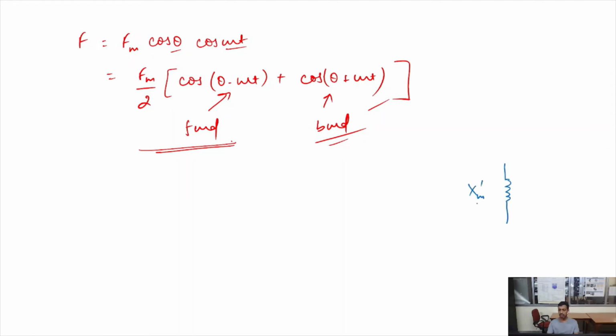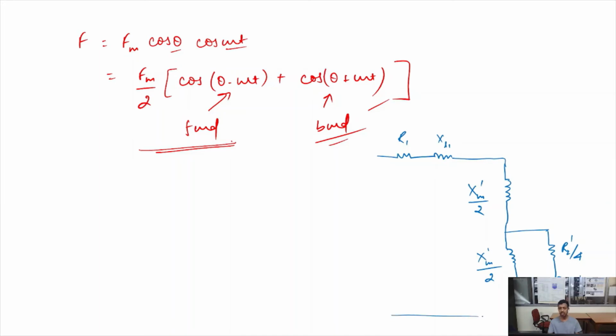Here Xm dash by 2, here also Xm dash by 2, and R2 dash by 4, R1, XL1, and here also XL2 dash.